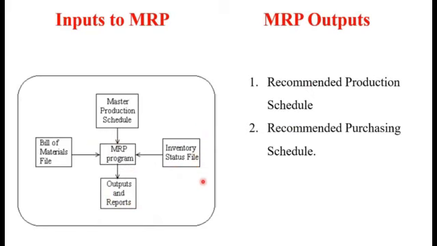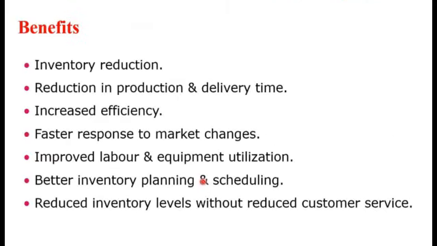How many components the company has to purchase, at what time, and what the production schedule should be, how many components and at what time they should be produced, can be controlled with the help of MRP. These are the inputs and outputs of the MRP system.